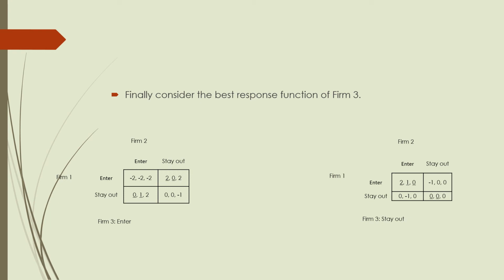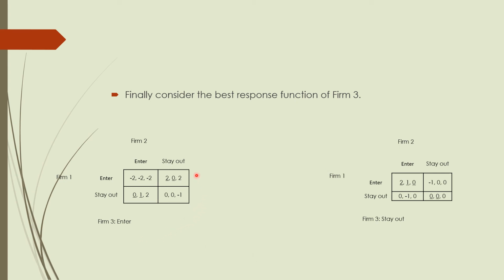Finally, consider the best response function of form 3. In this case also, we will find the best way form 3 can respond to any combination of actions of forms 1 and 2. Suppose form 1 and 2 both decide to enter. It means that the outcome will occur at one of the top left cells.